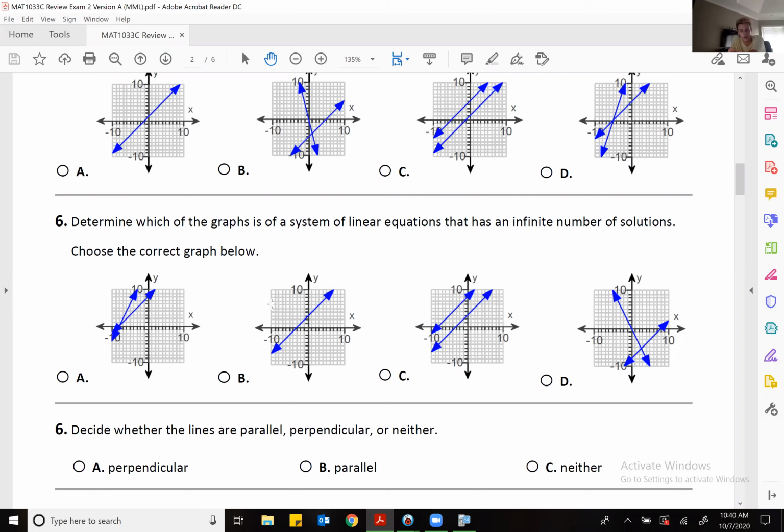Because A and D intersect and C is a no solution. You got it. Also, the reason why B is the infinite is because there's only one line. When you have only one line, that means the two equations were the same equation. That's why it looks like one line, because both lines lie on top of each other right there. Cool beans. Moving on.